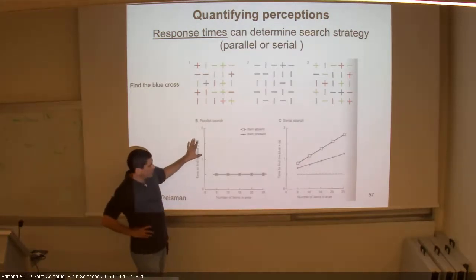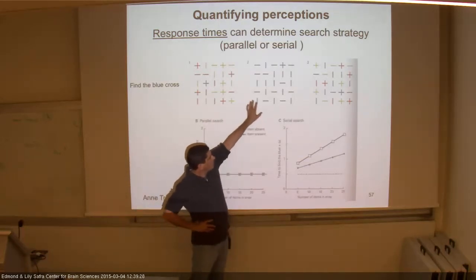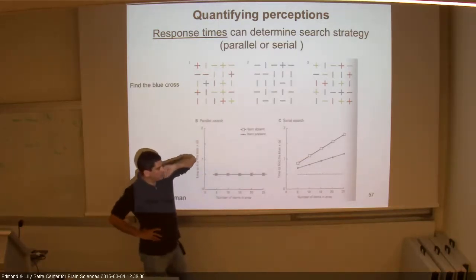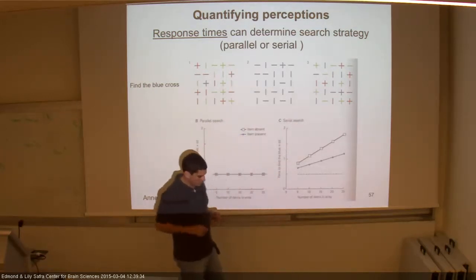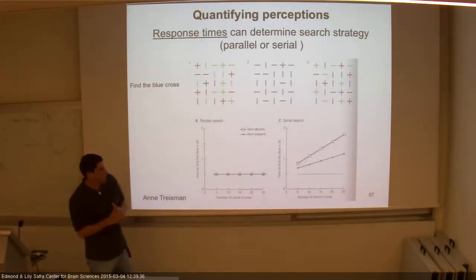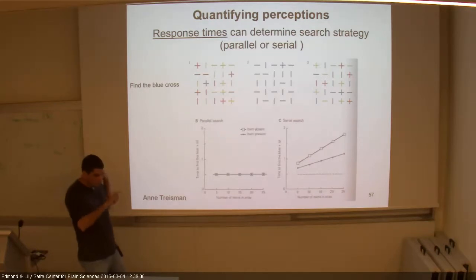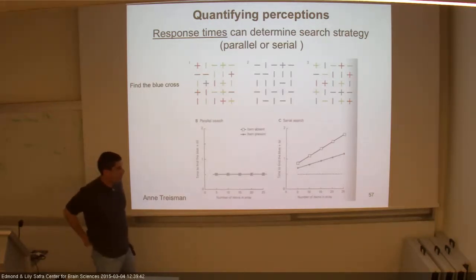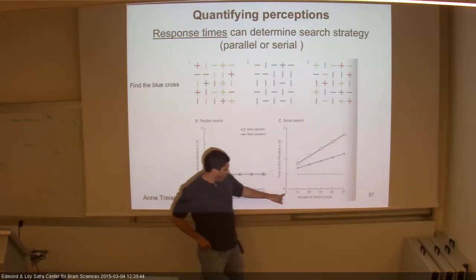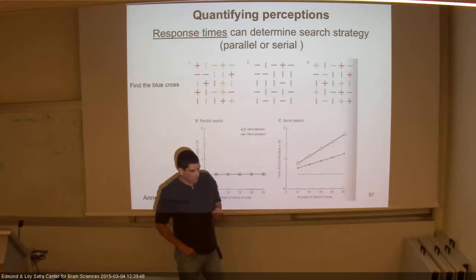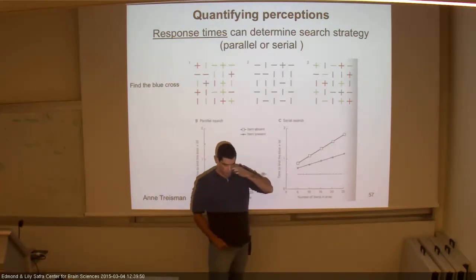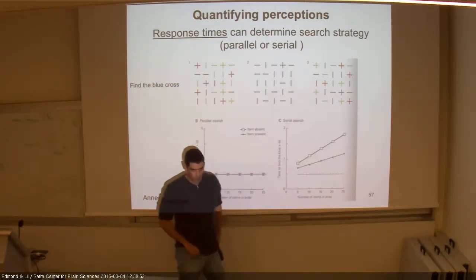But if she just makes the task harder by having the cross intermingled, for example, with different similar colors and structures that one has to identify within this more complex matrix, you see that the higher the number of items in the array, the more time it takes the subject to find the cross.